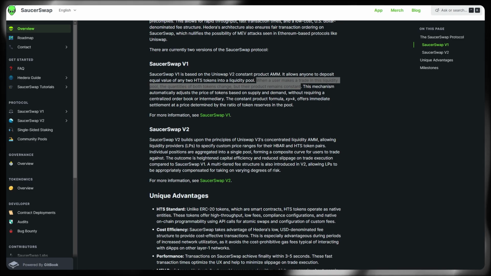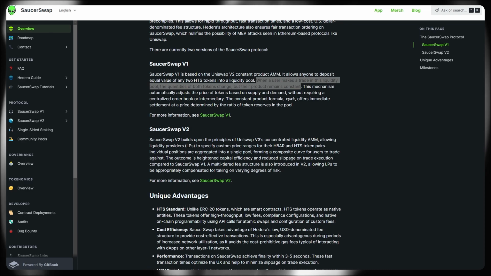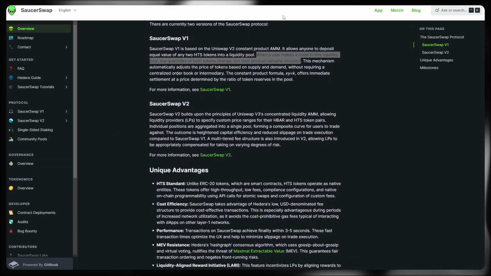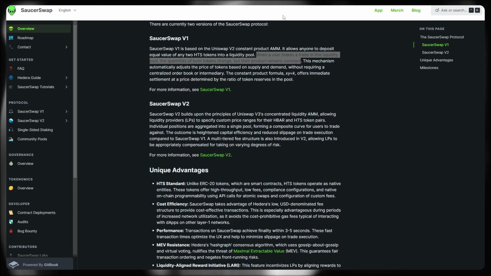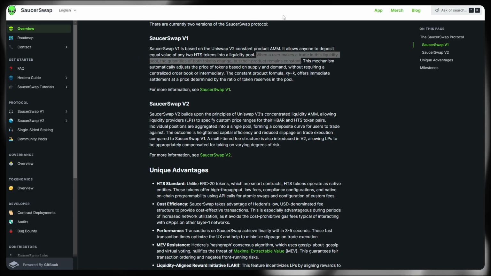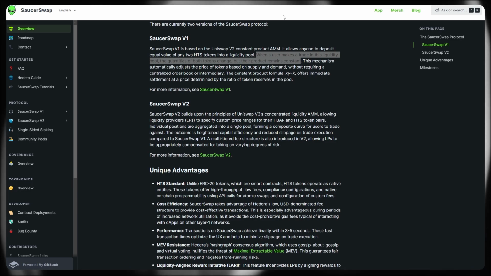Effectively, we see algorithmic changes to the pool based on supply and demand. Nothing new here. SaucerSwap v2, though, will build upon those principles of Uniswap v3's concentrated liquidity AMM, allowing those liquidity providers to now specify custom price ranges, if you wish to do so, for your HBAR and HTS token pair.